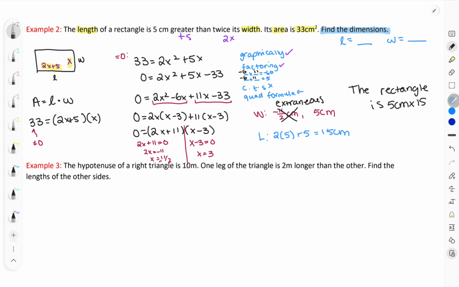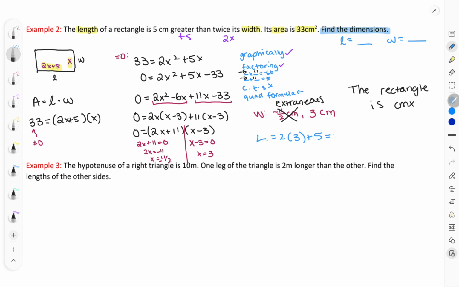And I just realized I did all that math with a 5 for no apparent reason. Let's try that again. So width is 3 centimeters. Length is 2 times 3 plus 5. Because I'm looking at my final dimensions, I'm like, that's not 33 centimeters squared.